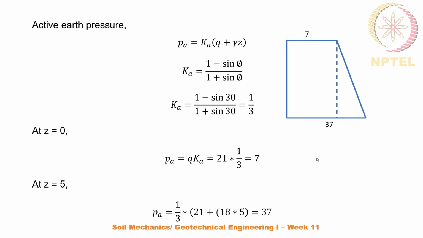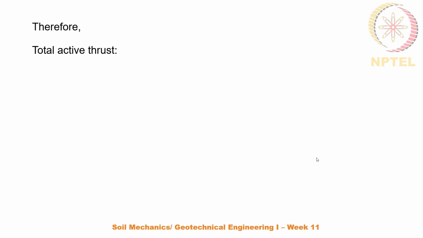Therefore, the total active thrust will be the summation of the areas, as we saw in the previous problem. So we have Pa equal to 7 into 5 plus 0.5 into (37 minus 7) into 5.